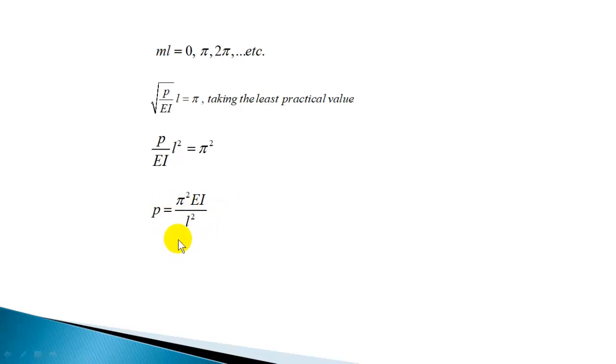So this is the Euler's load for buckling of a column with both ends hinged. This is the crippling load or buckling load for a long column with both ends hinged: pi² EI by L². That's all for today. Thank you for watching.